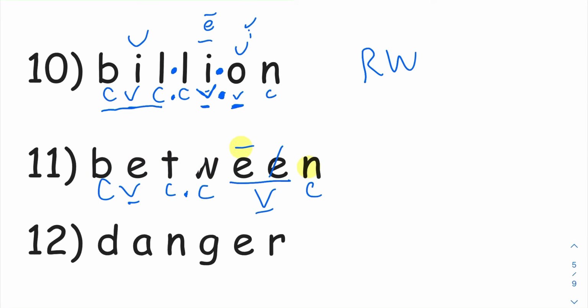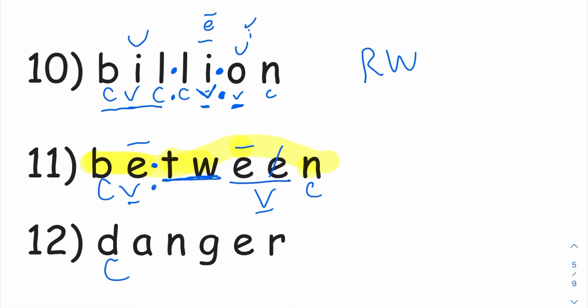Oh, I see the mistake. We're going to keep this blend together: tw. So we'll divide here. Now take a look at our syllable. The long E sound, be. Now we're looking better. Tween. Altogether, between.